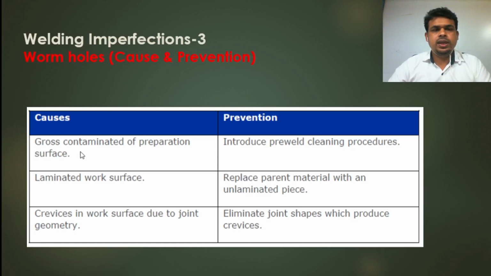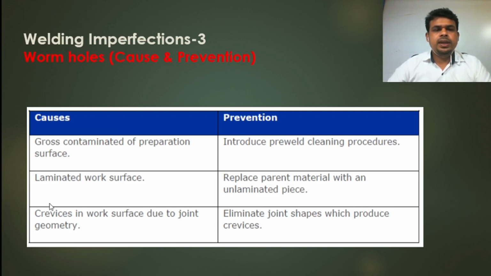If the preparation surface has rust or grease or any contamination, it can also cause wormholes. The prevention is to introduce a pre-weld cleaning procedure. Before welding starts, we should clean, and we need to follow the cleaning procedure, then you can prevent this type of imperfection.